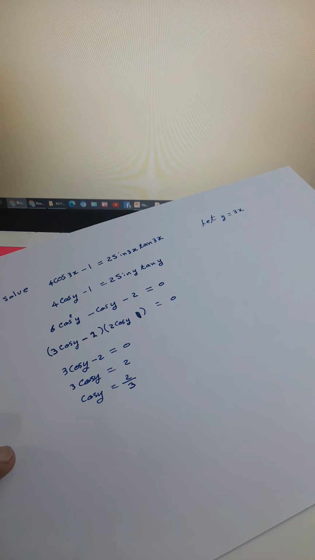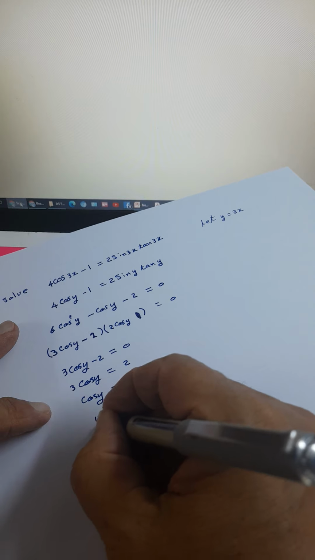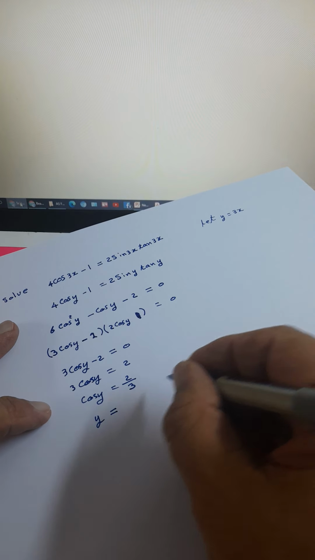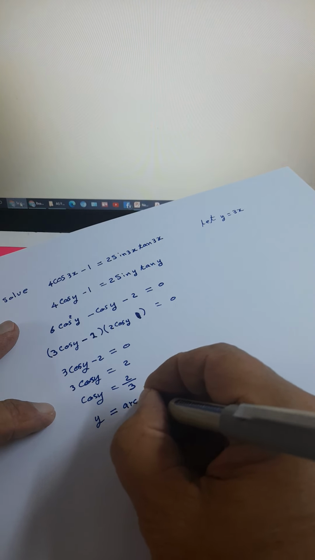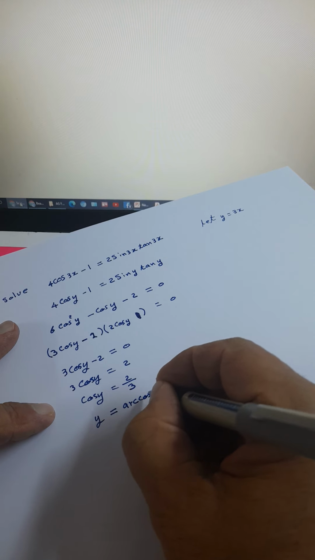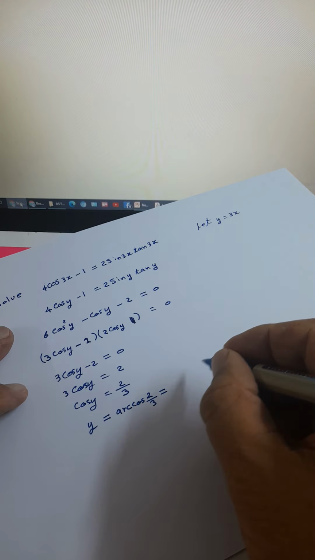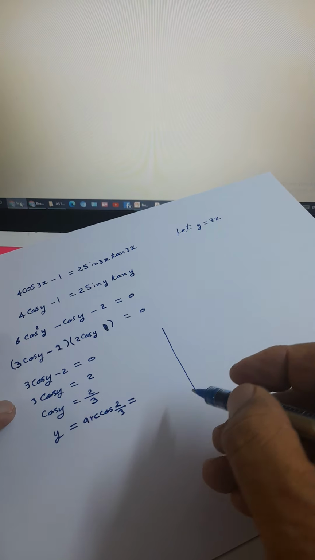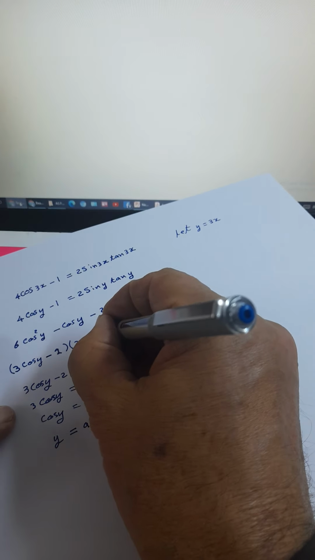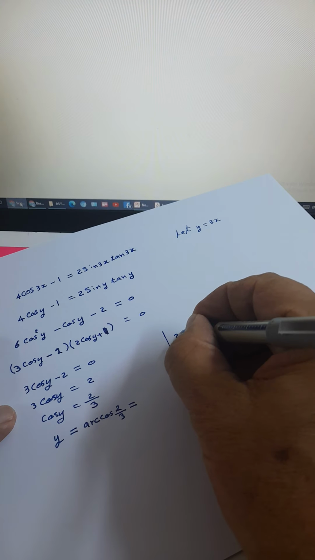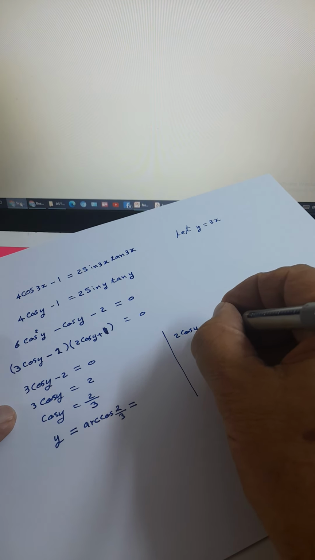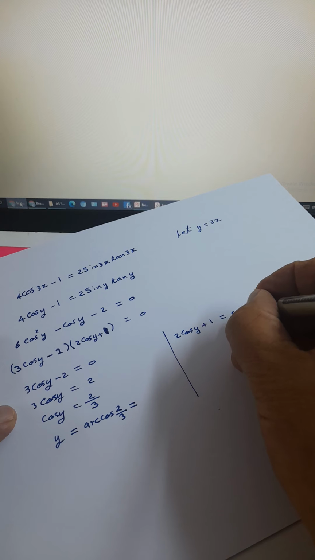Then using the calculator to find y equals arc cosine 2 over 3. Now 2 cosine y plus 1 equals 0.